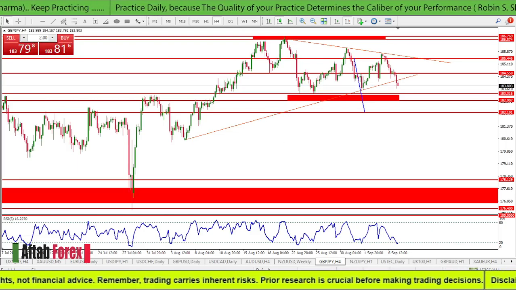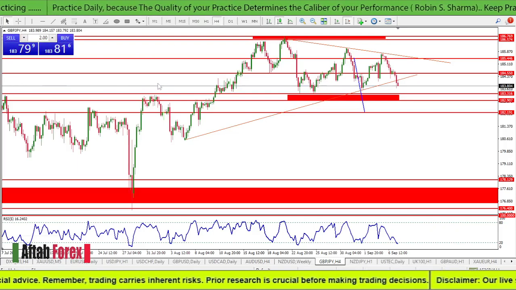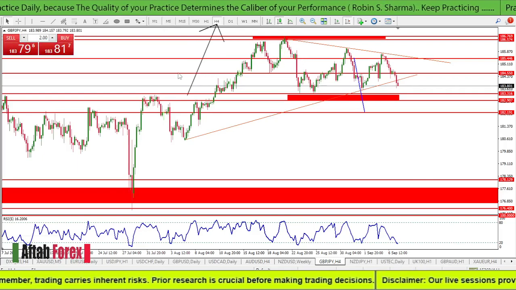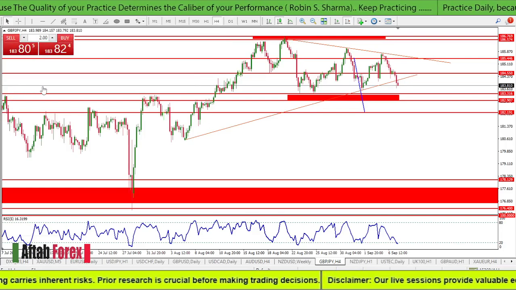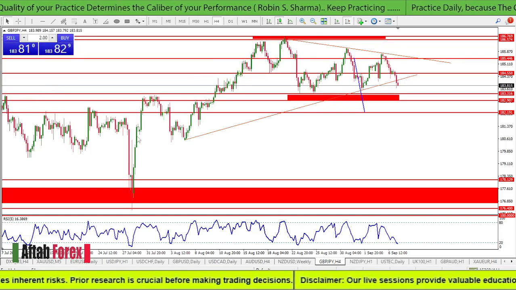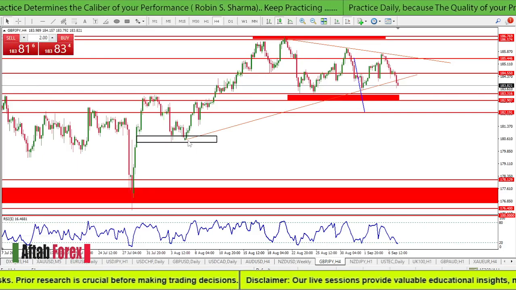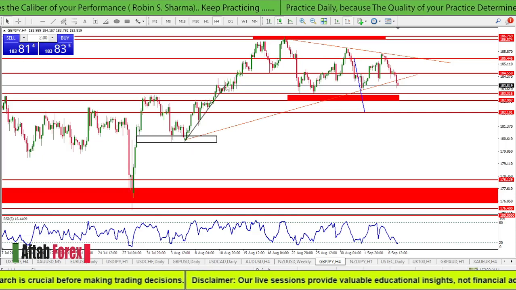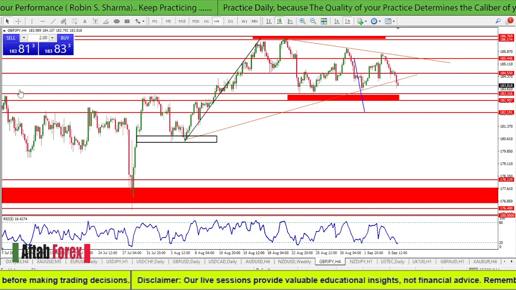Pound yen, right here I am on the H4, as you can see right here. Yesterday, at the same time, I discussed that this market took a rally from right here, and as per the technical analysis I am now considering this as an impulsive wave.